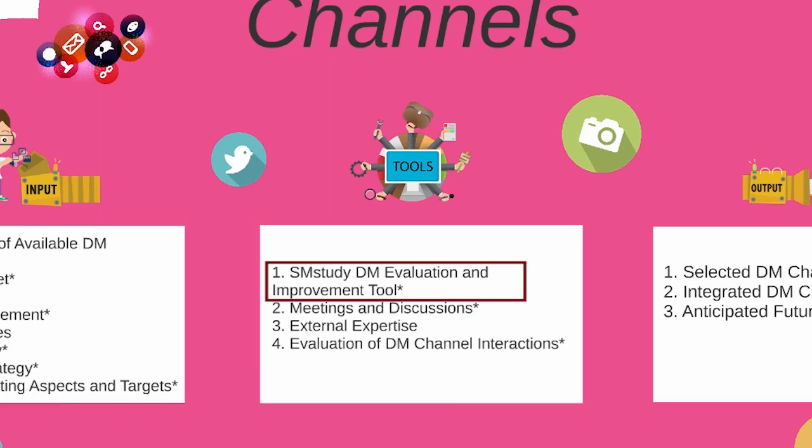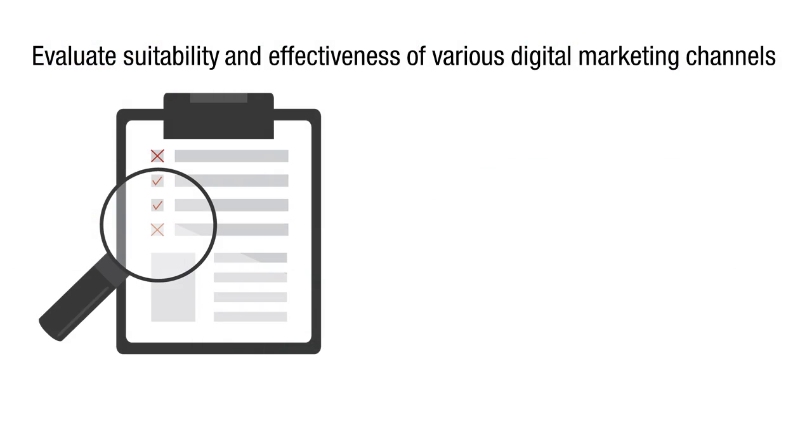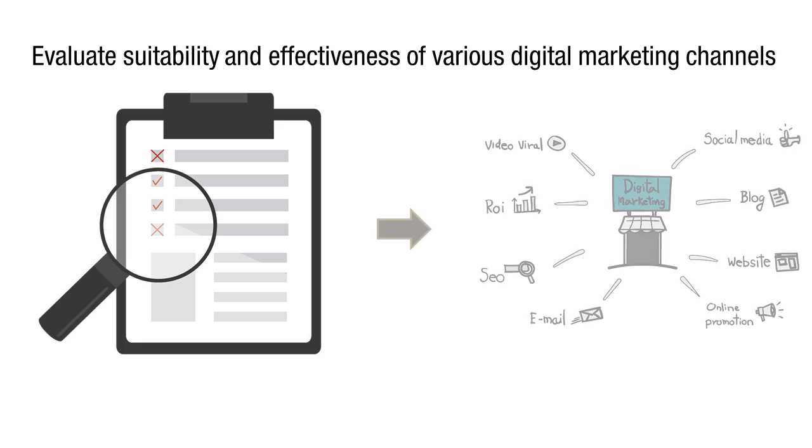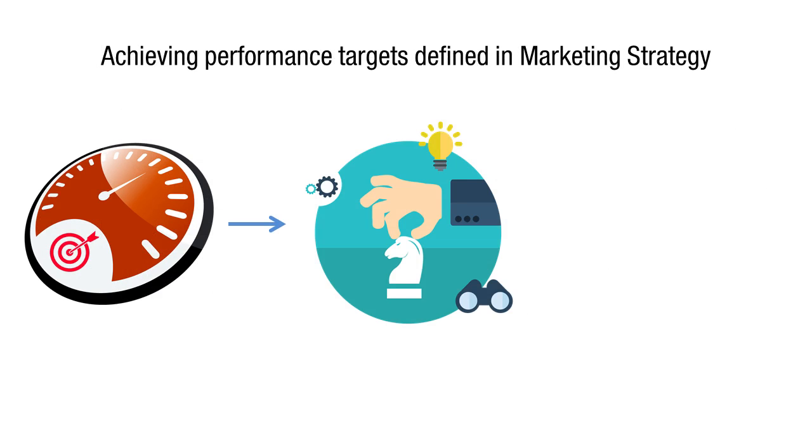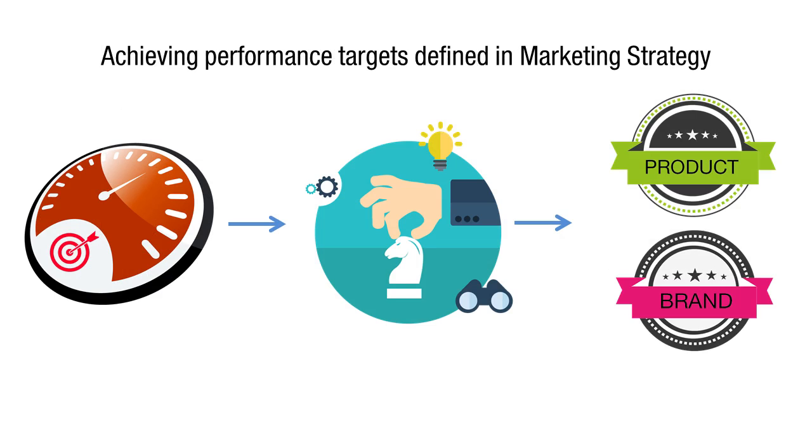The SMstudy Digital Marketing Evaluation and Improvement Tool is used to evaluate the suitability and effectiveness of the various digital marketing channels for achieving the overall performance targets as defined in the marketing strategy for a product or brand.